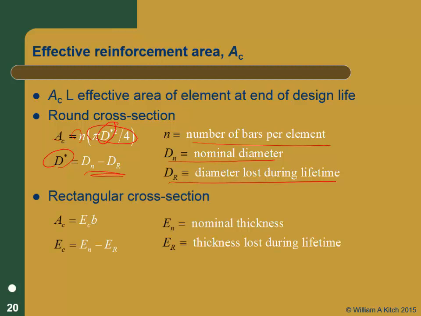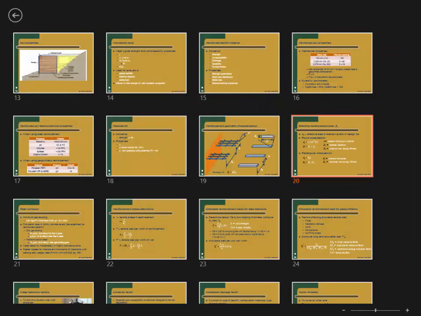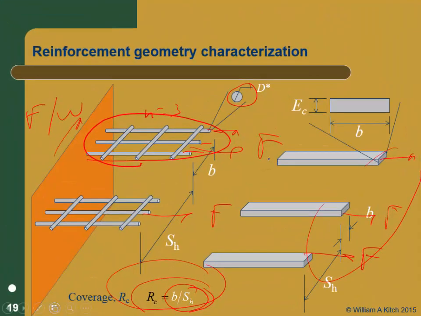For a rectangular cross-section, the area is EC times B. For the bars, because they're usually a whole lot wider than they are thick, when we degrade them over time, we keep B constant and just worry about degrading the thickness.